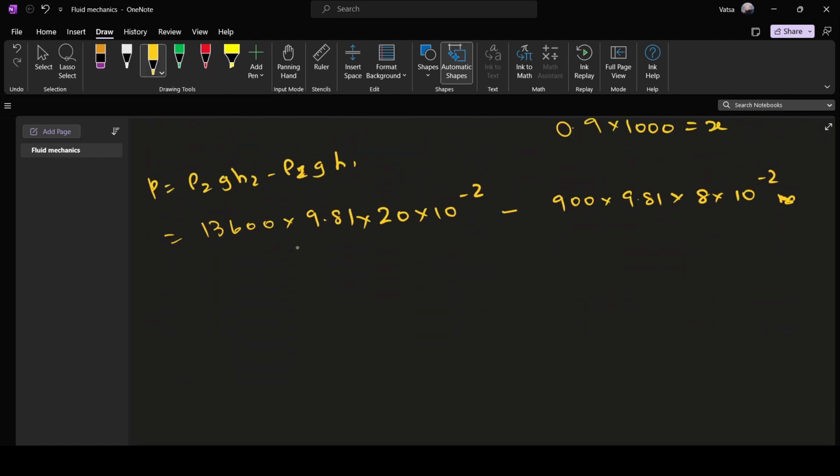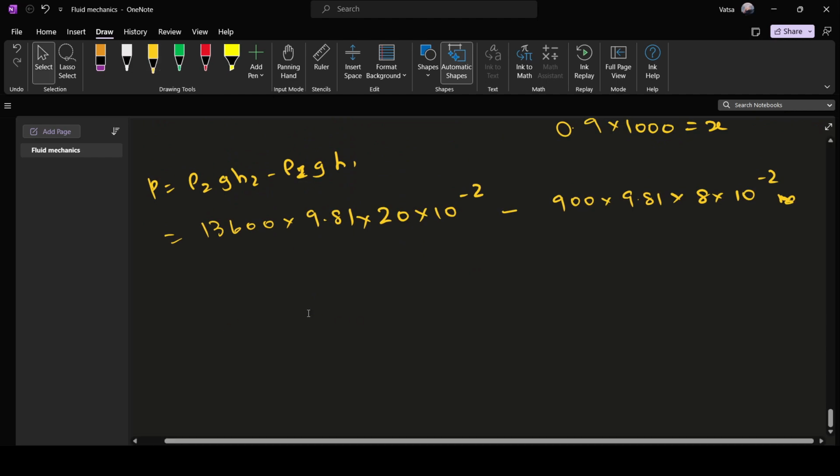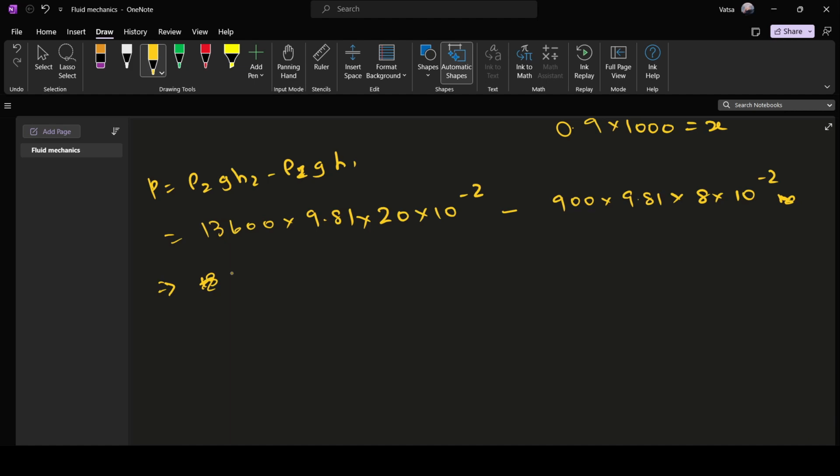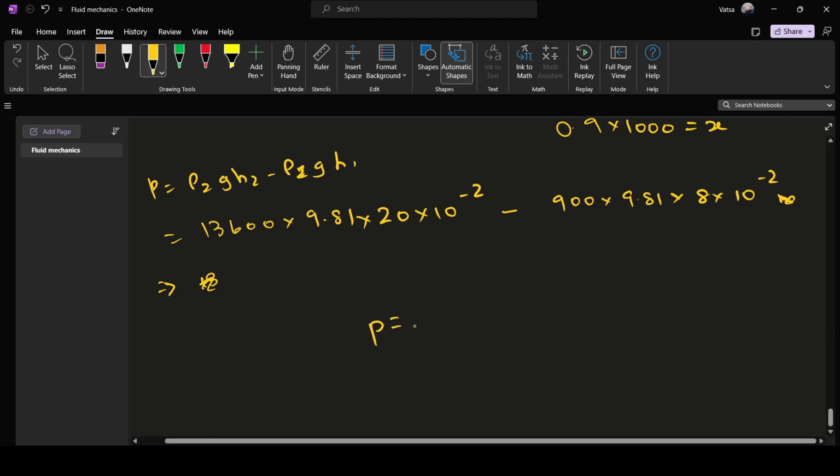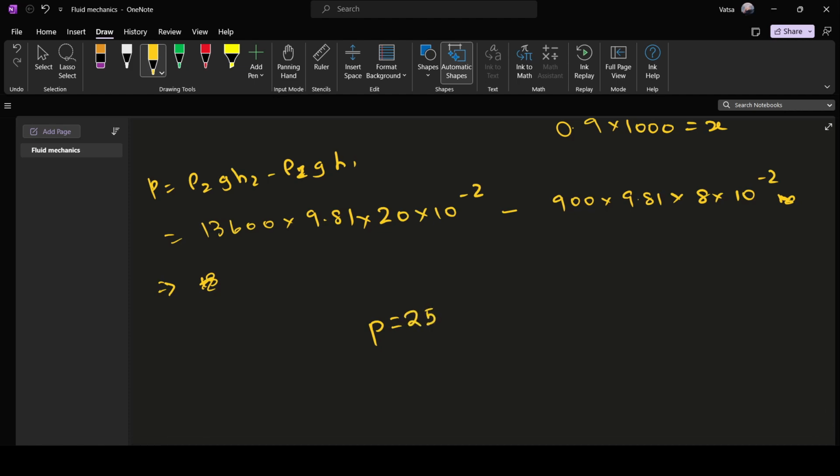We'll just do this with a calculator. That implies 13, wait a second. So pressure is equal to 25,000, no, wait.